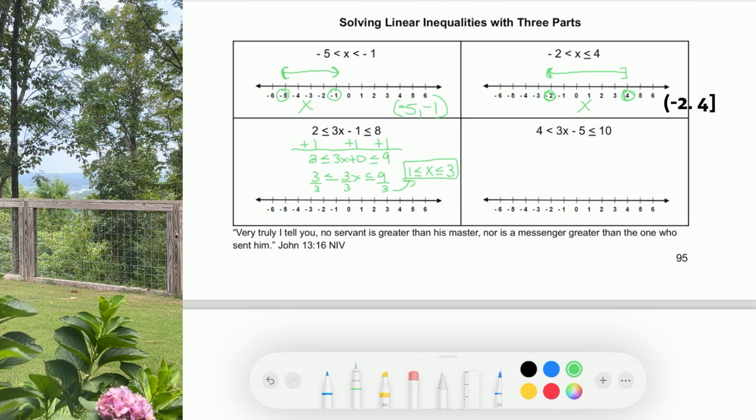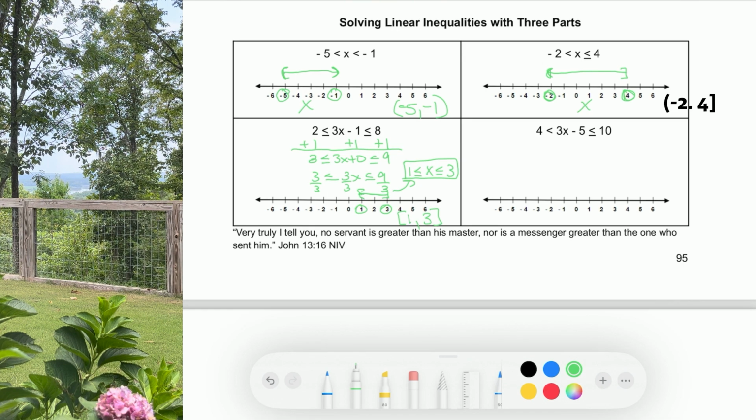This is what we will actually graph, because the 3 over 3 becomes a 1. The 9 over 3 becomes a 3 when we reduce those fractions. I'm going to find the 1 on my number line and the 3. We have the less than or equal to inequalities attached to both of those. So that means they are part of the solution. So both of them end up with a bracket. And then I connect them. So that's our graphing. The interval notation will be a bracket, 1, comma, 3, bracket.